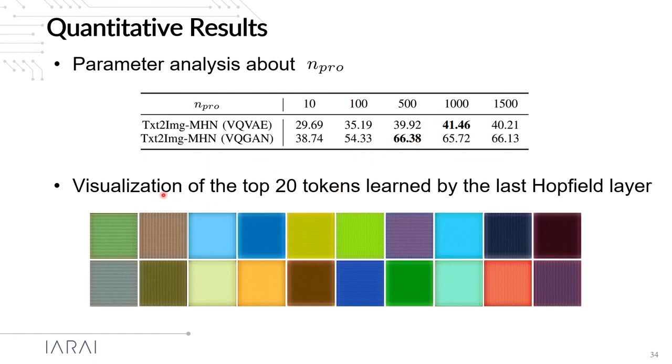And to further understand what the Hopfield layer has learned, we visualize the top 20 tokens learned by the last Hopfield layer. It's very interesting to find that these top 20 tokens correspond to fundamental components for generating an image, like different colors and textures. And some of these tokens share many similarities with specific ground objects like meadows and desert.